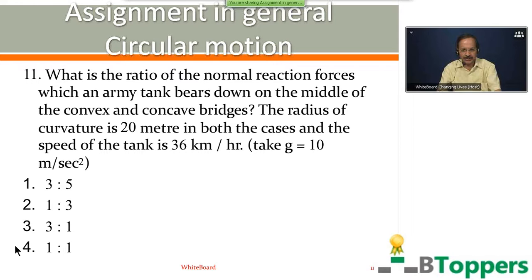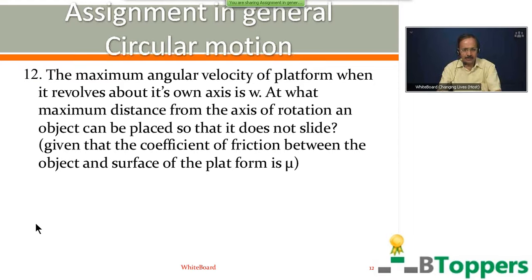So I am going to show you the next question on screen. In case you need more time to answer the question, you can take a pause and take your time. See question number 12. The maximum angular velocity of a platform when it revolves about its own axis is omega, or W you can write.